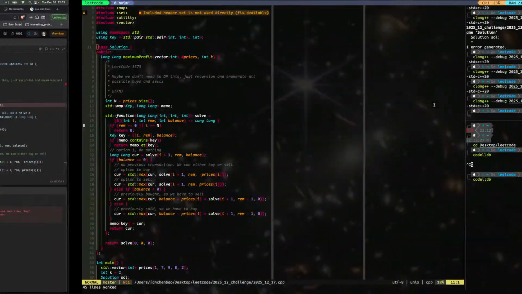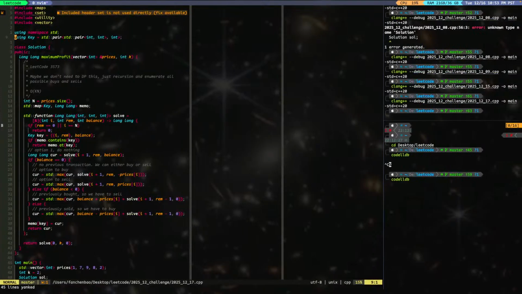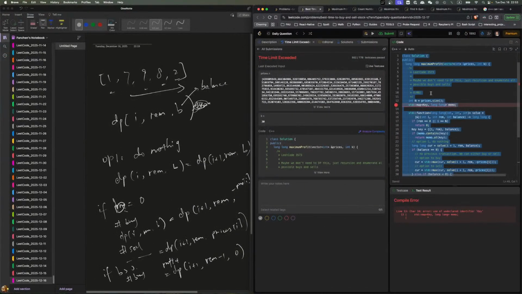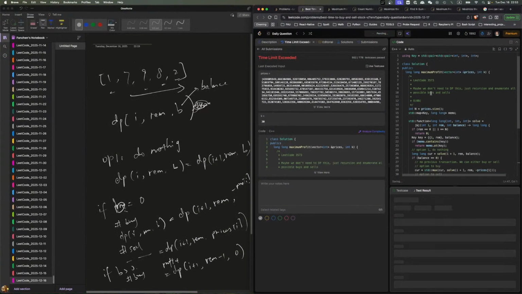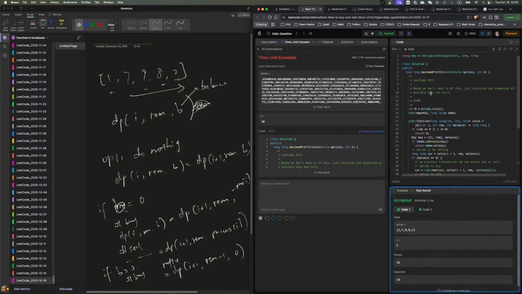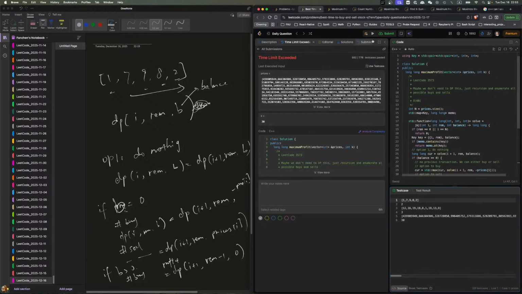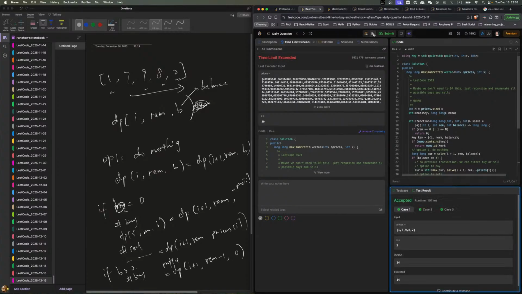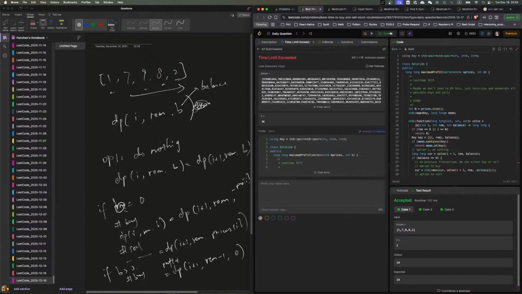Performance shall be damned. Huh? Oh, my bad. Like, why does it not work? Alright, let's see if this one works. Yep. Pretty slow though. 107, but yeah, I think it'll pass. Oh, come on.